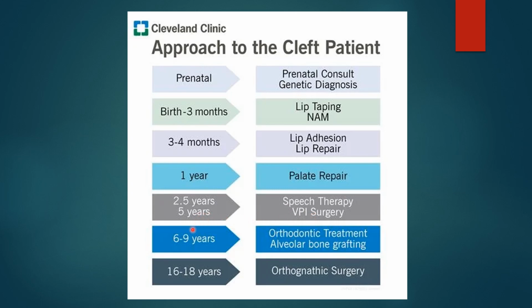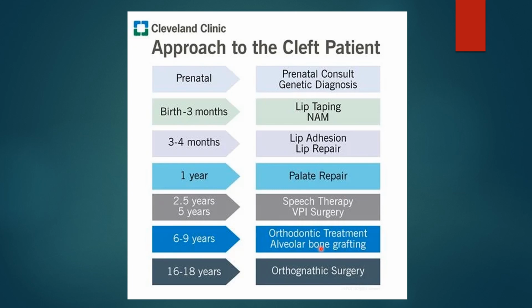At 2.5 to 5 years there is speech therapy, because even the palatal muscles are involved in this defect. And at 6 to 9 years orthodontic treatment and alveolar bone grafting is advised, because in cleft lip and palate the eruption of teeth is also disrupted.